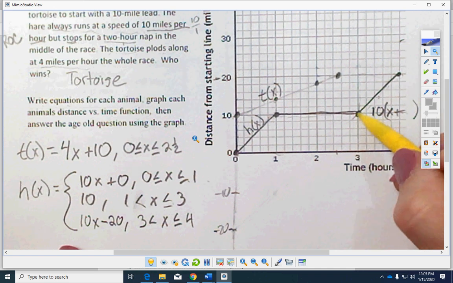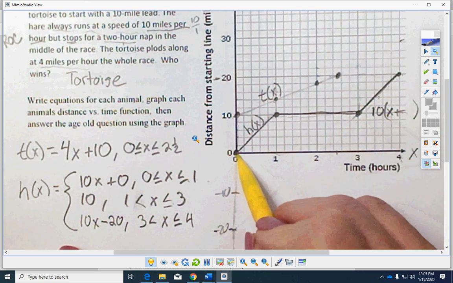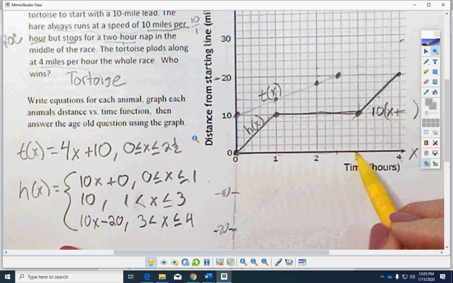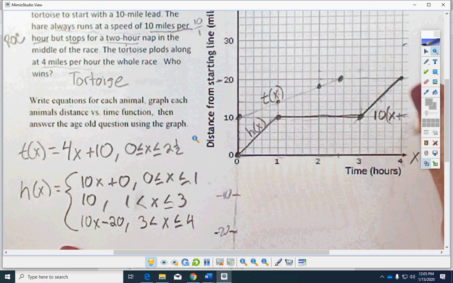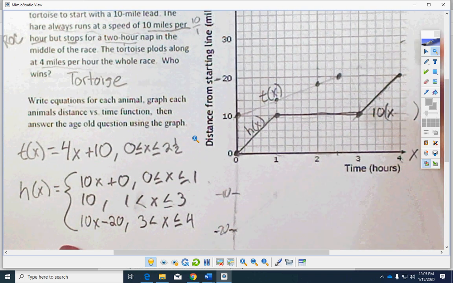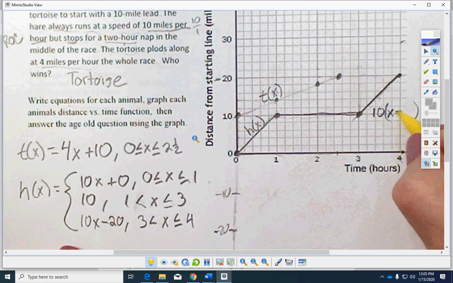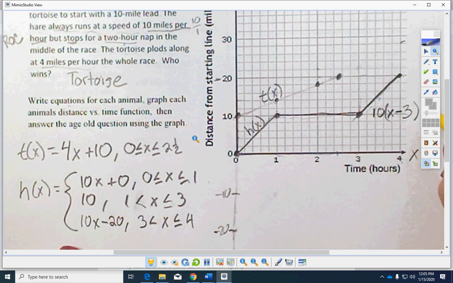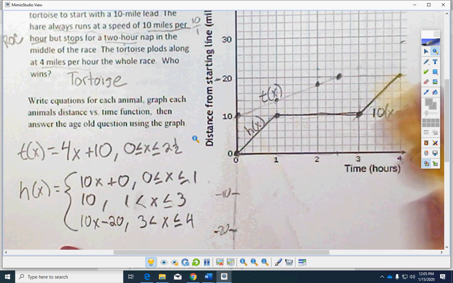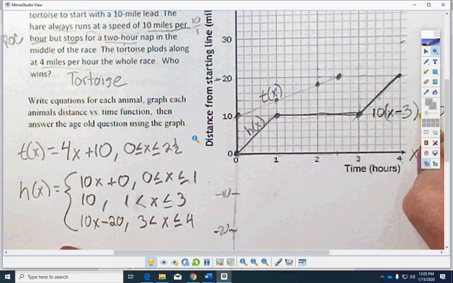If I choose this point, since it's part of that line, as my shifting point, from the origin, it shifted 3 units to the right. Remember, to the right, we say is the opposite sign, so it would be a -3. And it also shifted up 10 units. This should be mathematically equivalent to what we wrote over here.